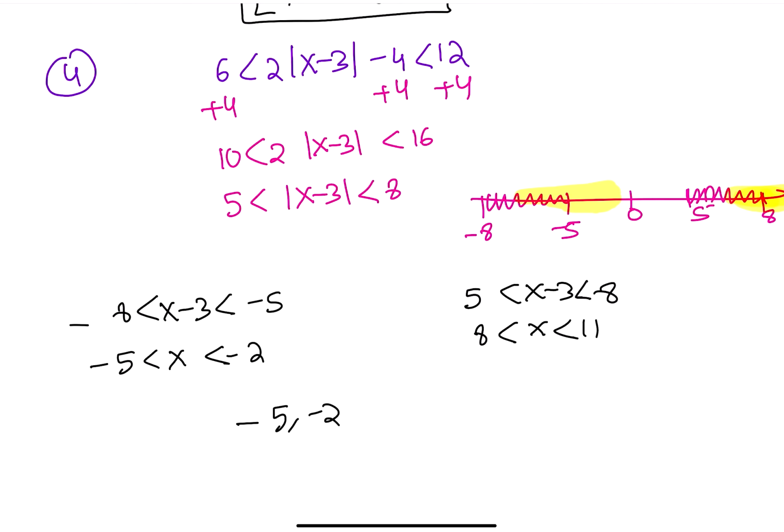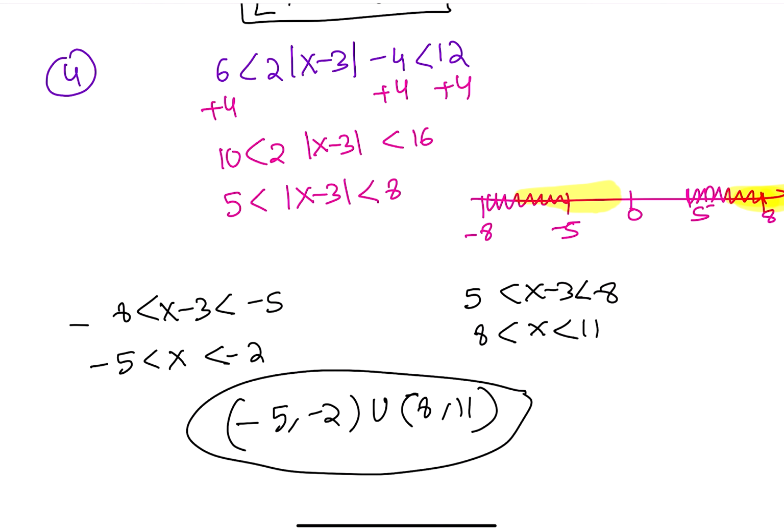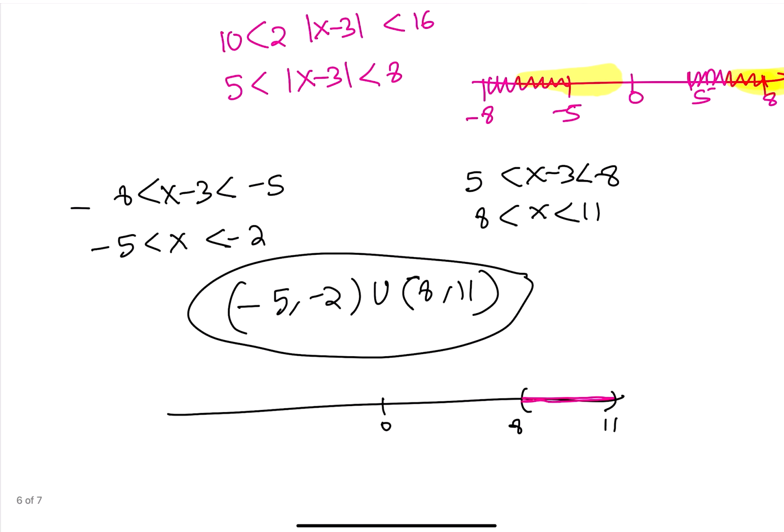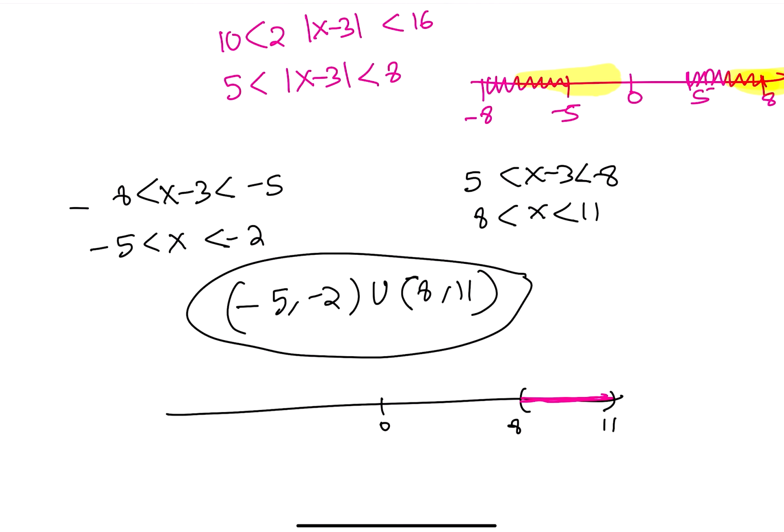So between -5 and -2, no brackets, all parentheses because there's no equal sign, and that would be the solution to this inequality. And we can also represent it on the number line if needed. So my solution will be from 8 to 11, and we can make it bold, or between -5 to -2.